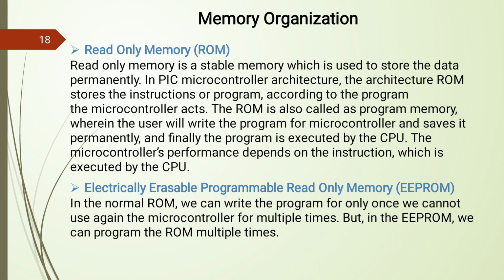After that, ROM, as we discussed. The basic function of ROM is to store data permanently, and generally program or code is stored in ROM type of memory, which is not changed and is always stored in a permanent manner.